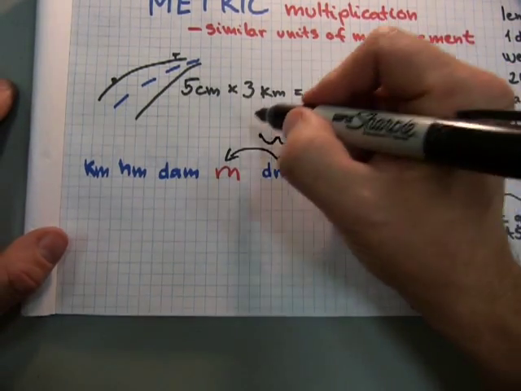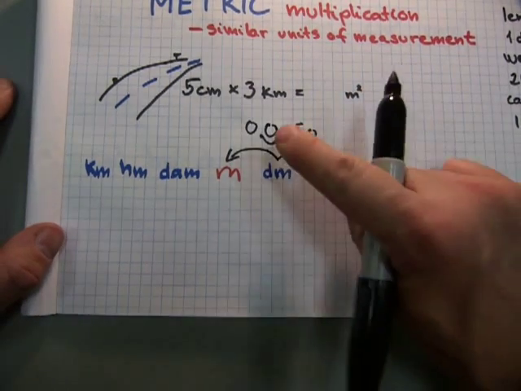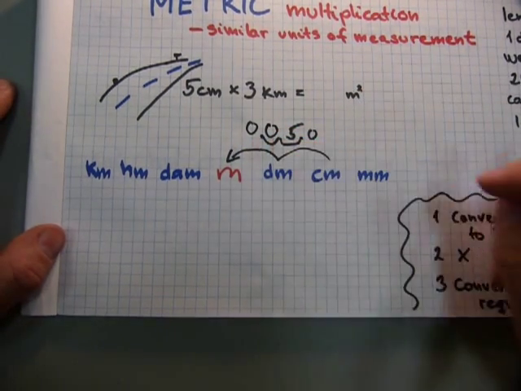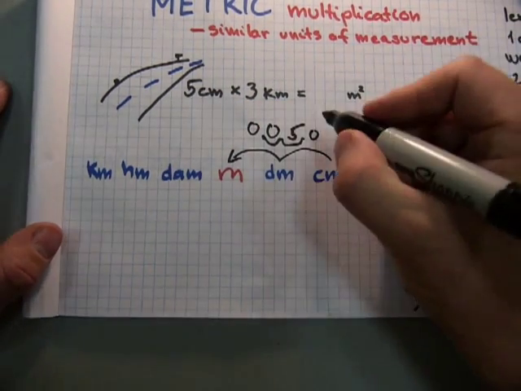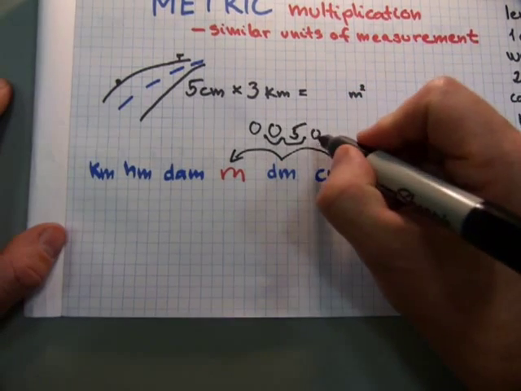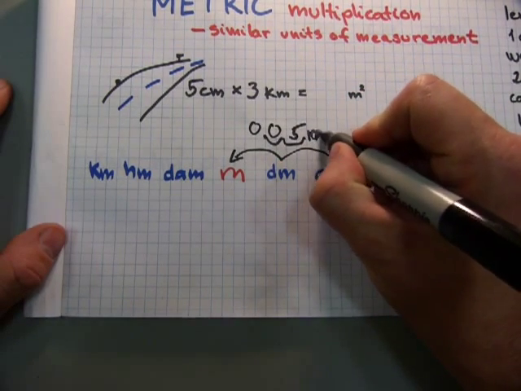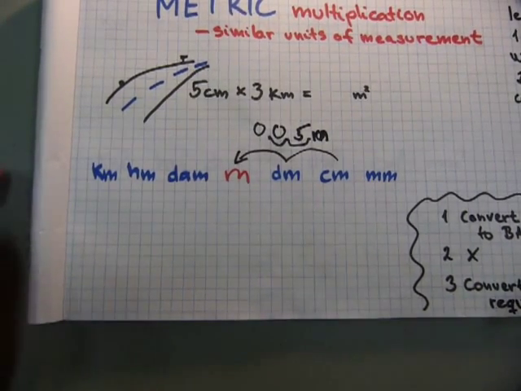That's where you end up, and then just fill it in with zeros. Final answer is 0.05 for the centimeter amount. So 5 centimeters is 0.05 meters. I'm just going to make this one into meters. I know it's a little bit ugly, but work with me on this one.